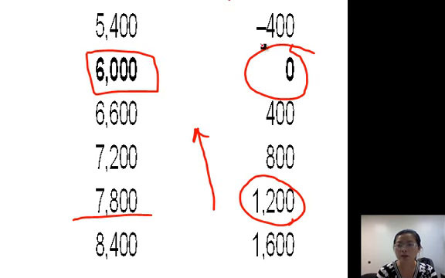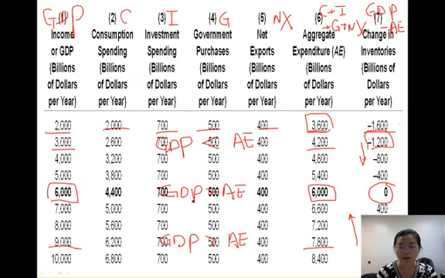With no change in inventory, the companies will maintain the current production goal, not increase and not decrease, and the economy reaches its equilibrium. So when GDP equals total aggregate expenditure, the economy reaches equilibrium and there's no change in business inventory. We will look at the graph in the second video.